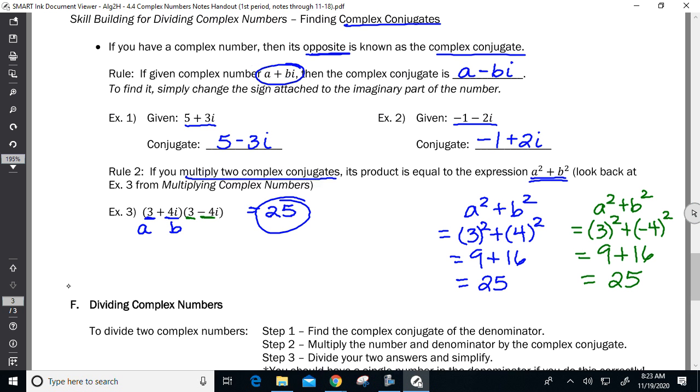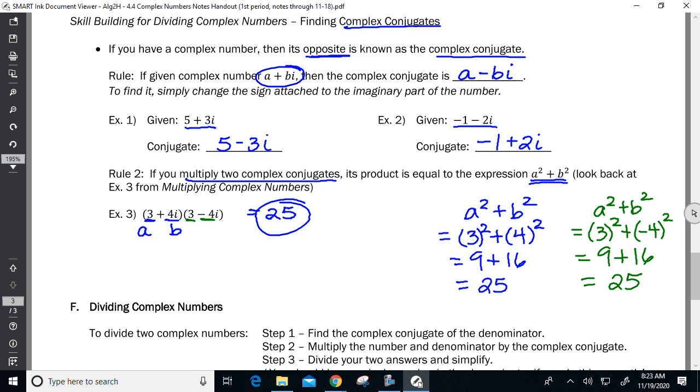Any questions with conjugates before we shift to dividing? The nuts and bolts piece before we do dividing complex numbers.